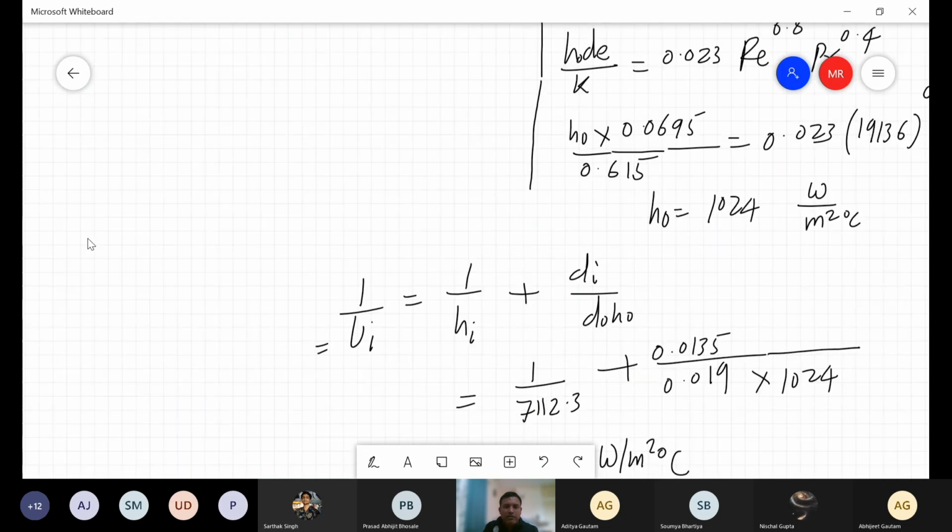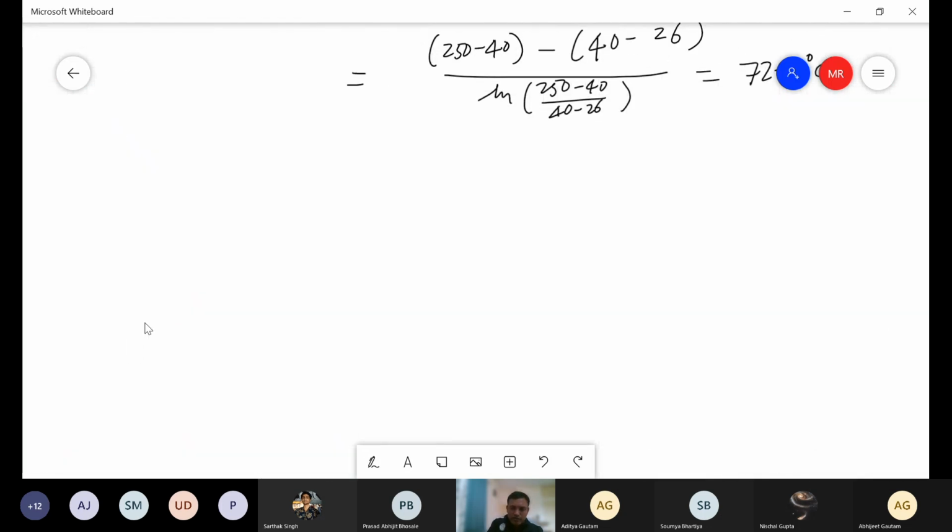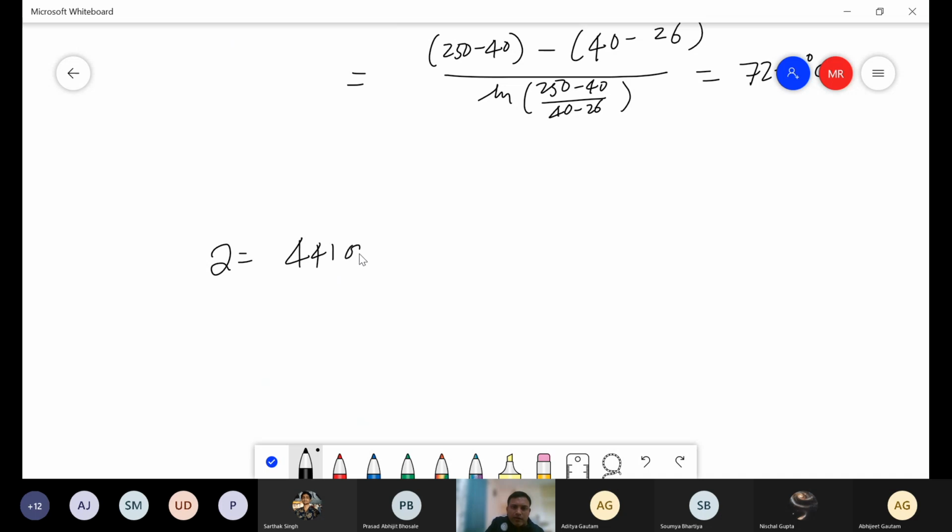So I will just write that down. So Q is 44100, that will be joule per hour, isn't it? I can convert into joule per second by dividing by 3600.